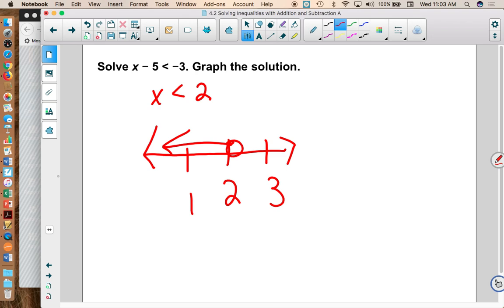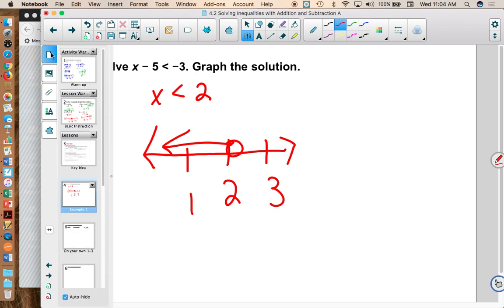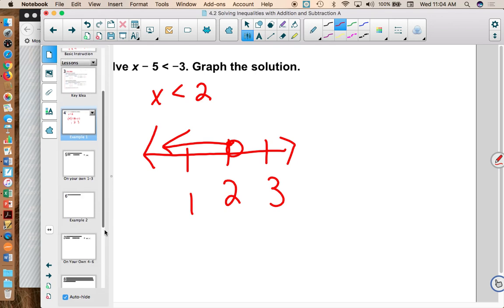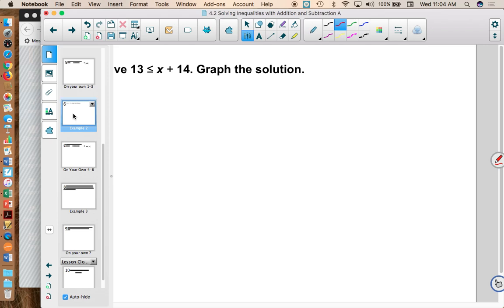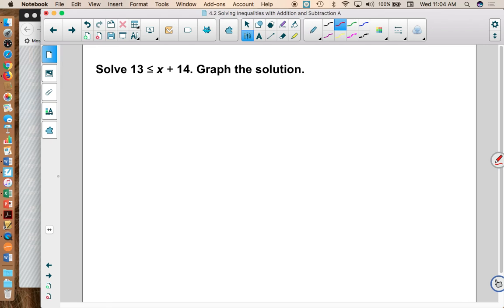Okay. I'm going to skip down to this one. This one's a little bit different, only because the variable is on the right. So solve it and graph it.